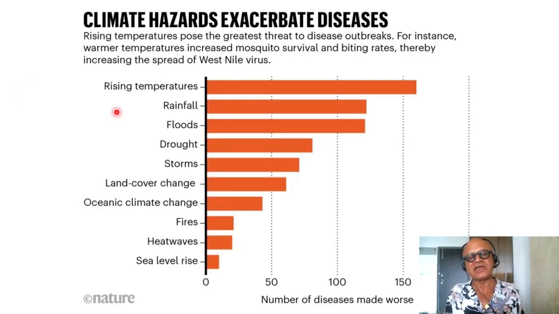So the meta study basically reports climate hazards that exacerbate diseases. Rising temperatures pose the greatest threat to disease outbreaks. For instance, warmer temperatures increased mosquito survival and biting rates, thereby increasing the spread of West Nile virus.